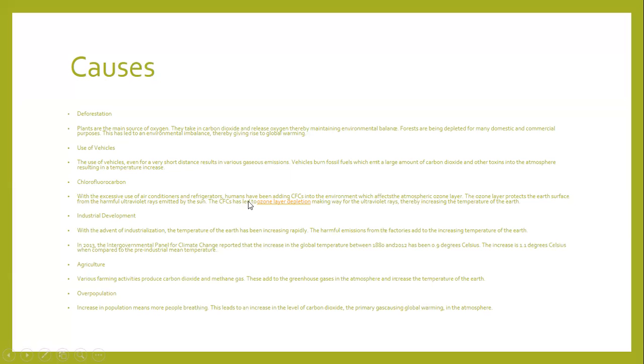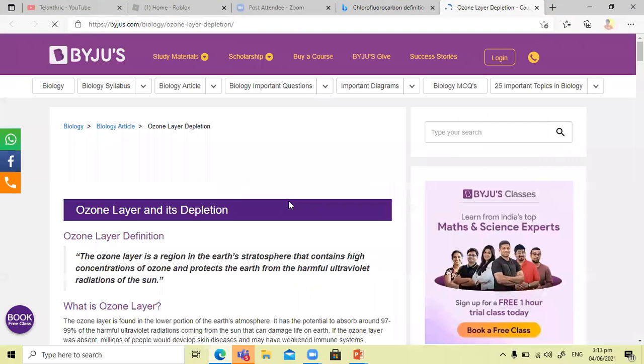The CFCs have led to ozone layer depletion, making way for the ultraviolet rays, thereby increasing the temperature of Earth. So we're cooling ourselves down, which is making the Earth turn hot. So just use one fan. Don't put on the AC and the fan at the same time.